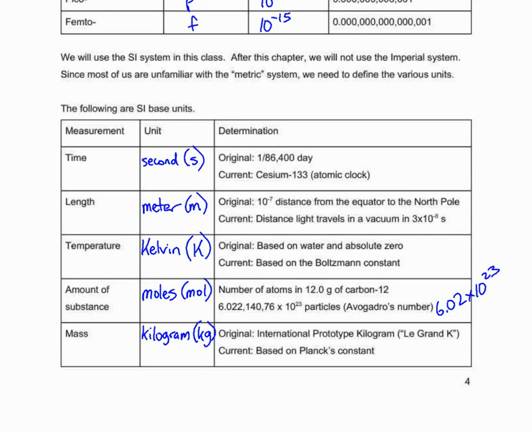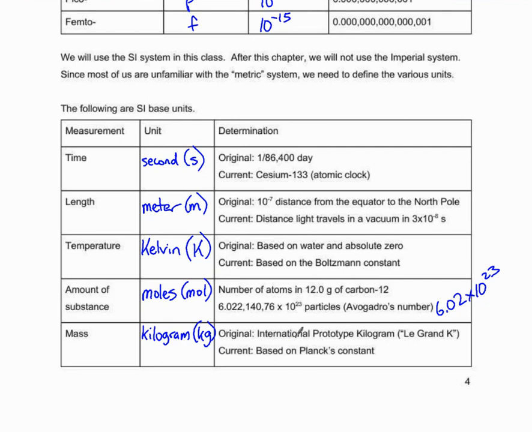And the reason for this is over the last couple hundred years, we have had this specific object that serves as the prototype for this. So anytime we need to know exactly 1 kilogram, we would get out a prototype and we would compare them. And that's how we could get these two to work together.